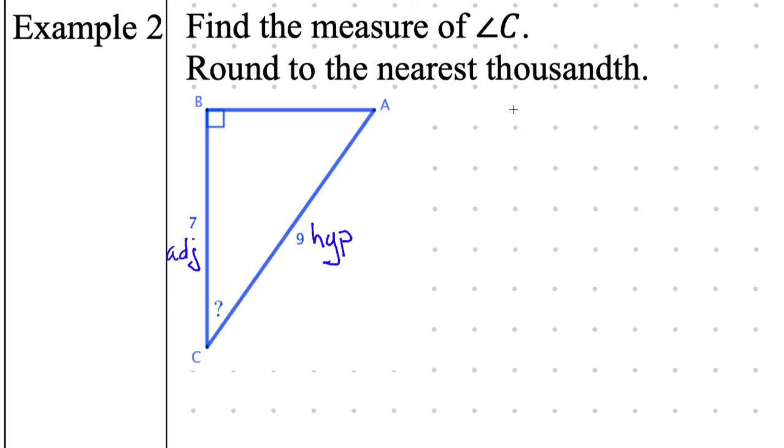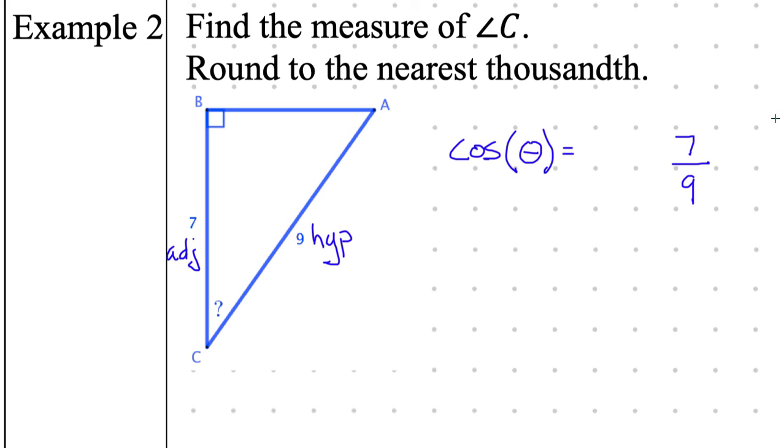All right, Andres? So it's going to be cosine of theta equals 7 over 9, since 7 is the adjacent and the hypotenuse is 9. Perfect, thank you. And someone else, what am I going to do to both sides of the equation?